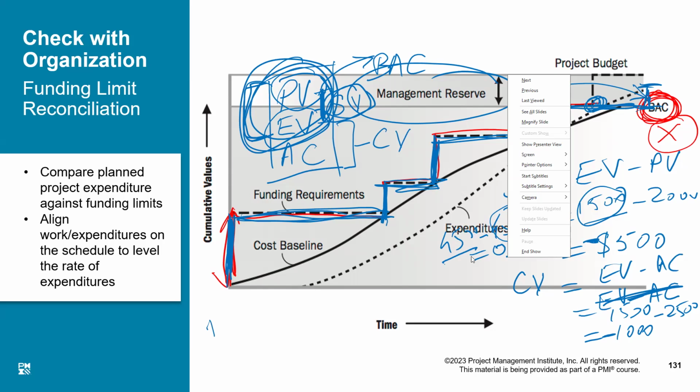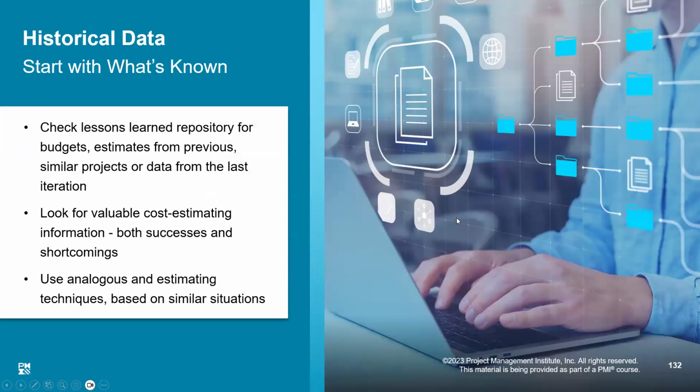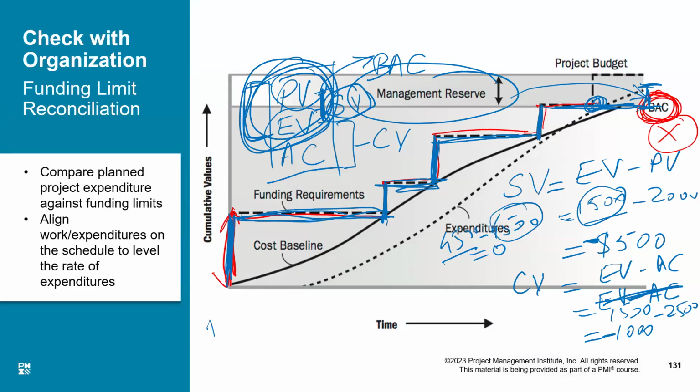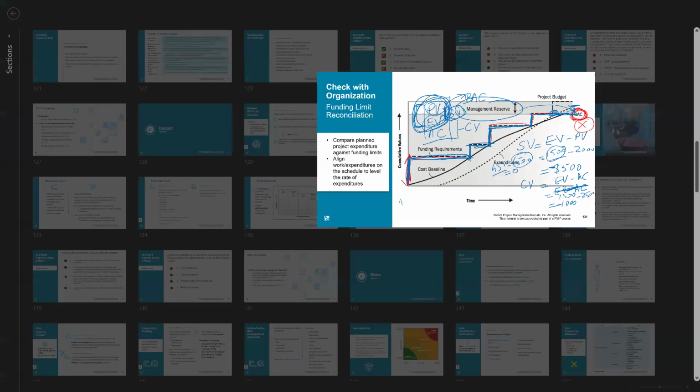Similarly, the cost variance. We are overspending $1,000. I have to control my costs. So, what is my earned value now? Earned value is now $4,500.